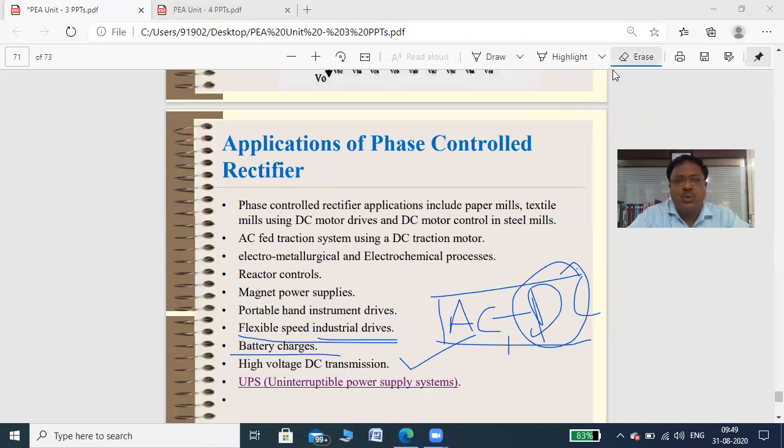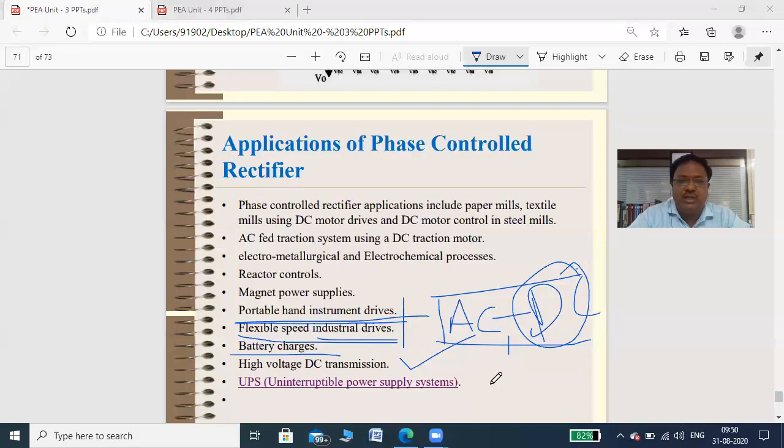Okay, so DC drives. Then portable hand instrument drives. Again, it is a drive. So drives require a DC source. You can maybe provide a battery even, but a battery is not convenient. So again, conversion of AC to DC is required.